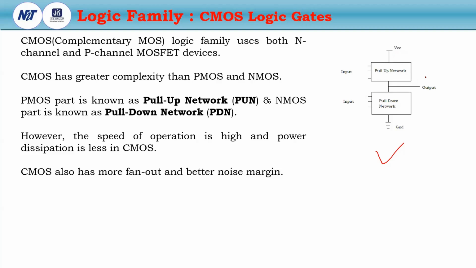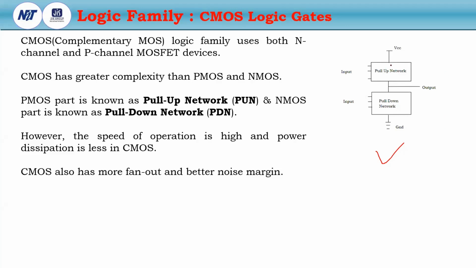For this reason, the NMOS is connected as a driver. In NMOS logic circuits also, the NMOS are connected in the driver section. That is called the pull down section, where the output will be pulled down to the ground or 0.